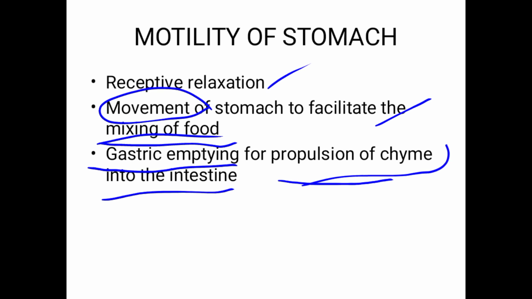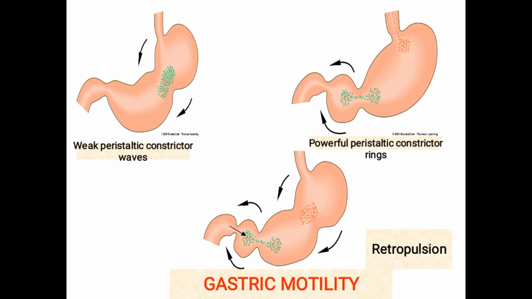Now you can't call it bolus, so chyme goes into the intestine. How this takes place, we will see. All these movements are because of peristalsis. The first one is receptive relaxation.